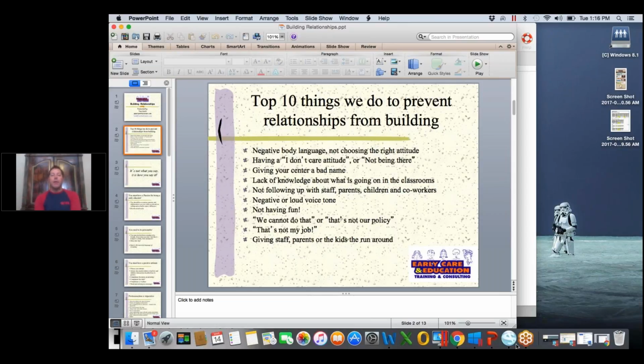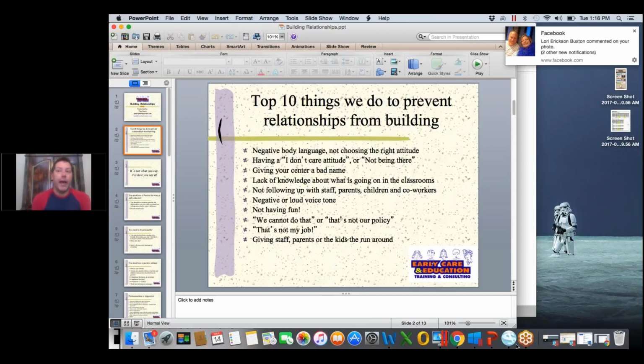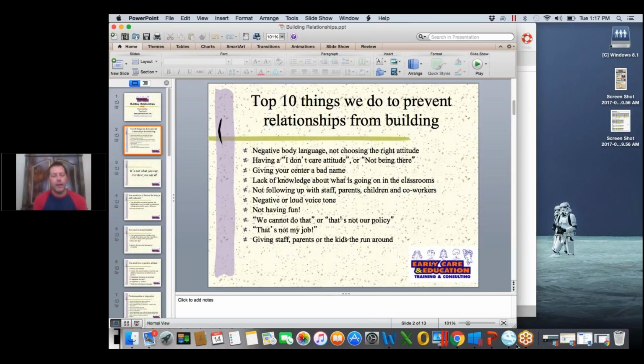Okay. Another thing that will prevent relationships from being formed is just not having fun. All right. Everybody is attracted to fun individuals, including the children. When you're a fun individual, the children are attracted to you. The children are attracted to other fun children. So when you have that Debbie Downer that just finds something wrong with everything, that complainer, no one wants to be around that person.